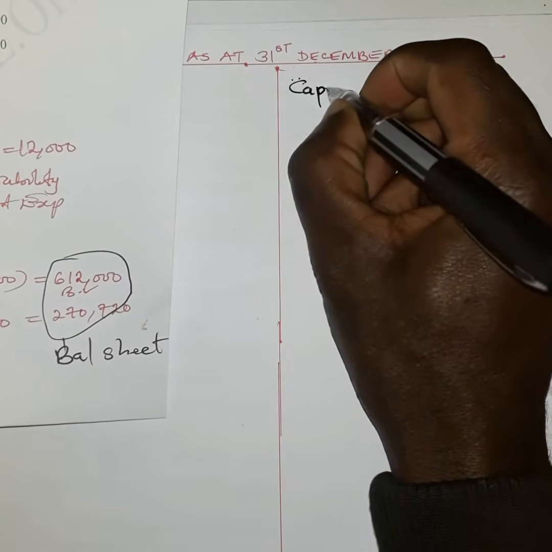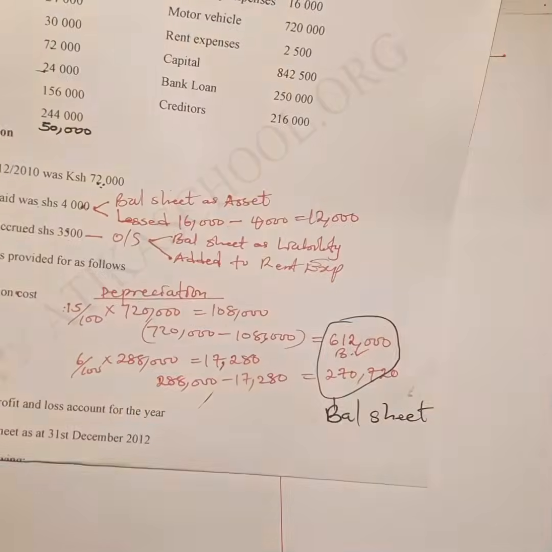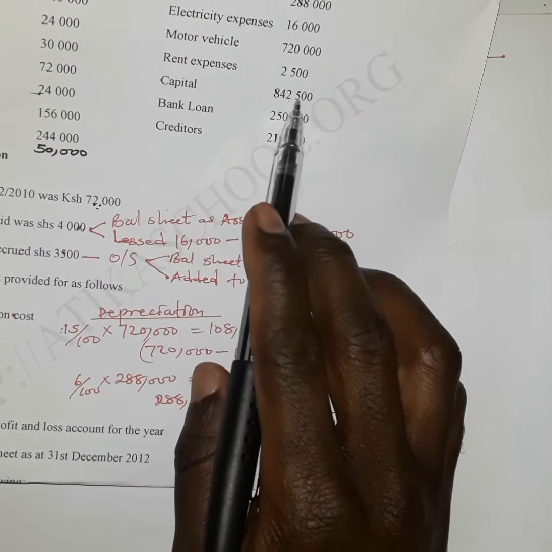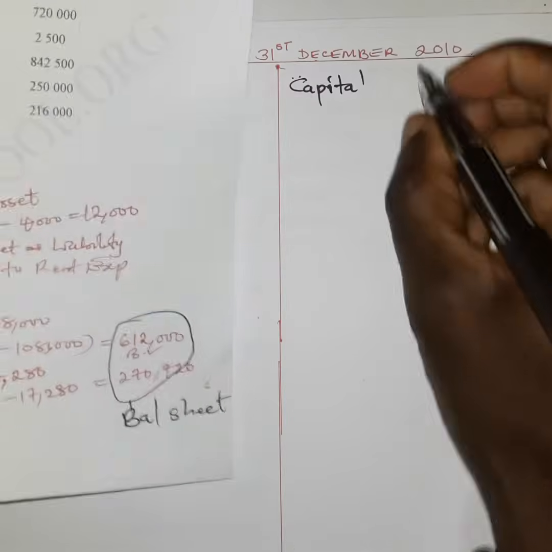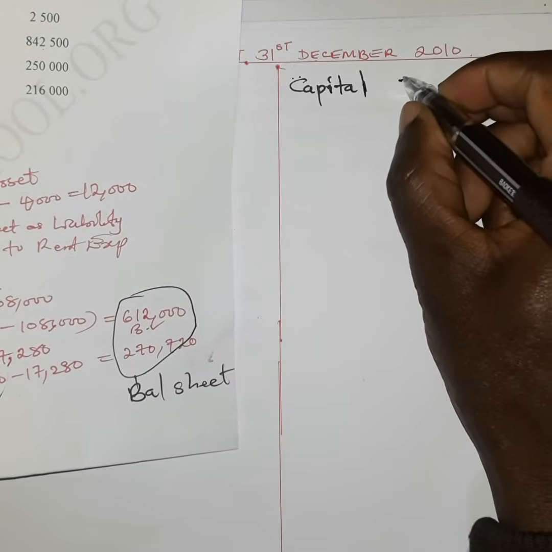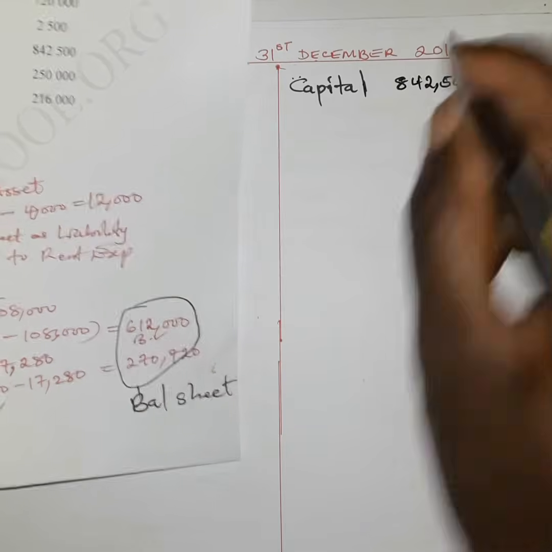And capital, as per the equation, is given as 842,500.